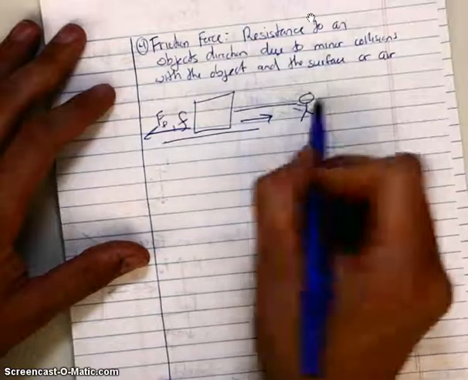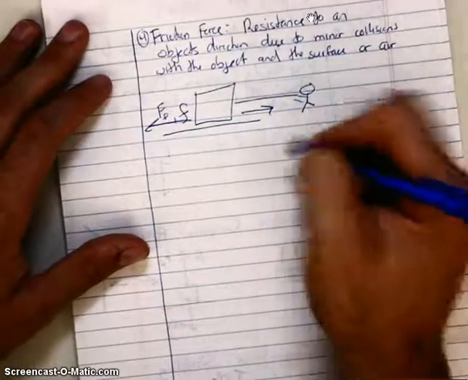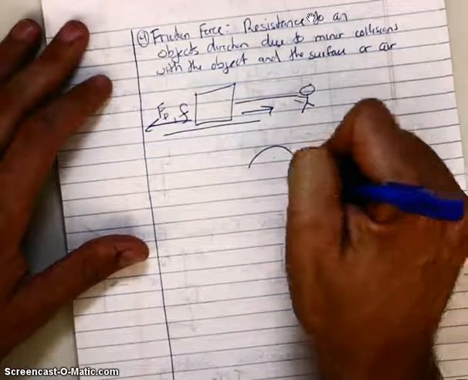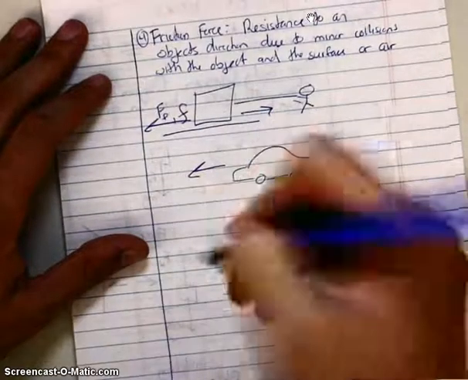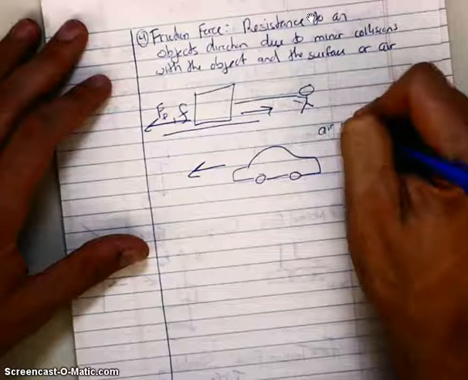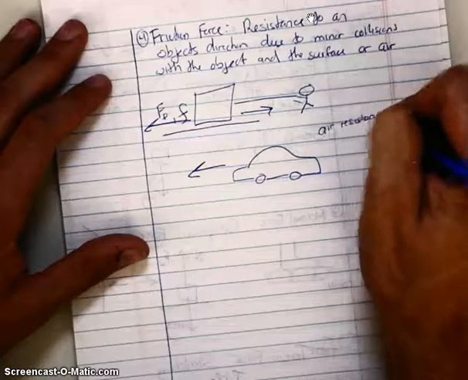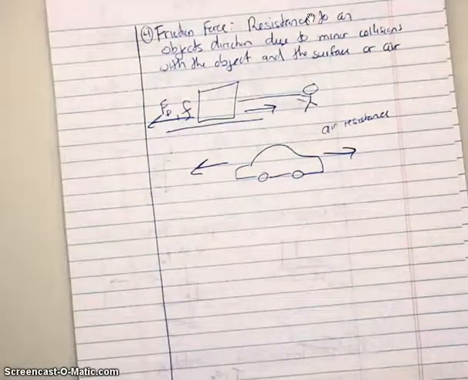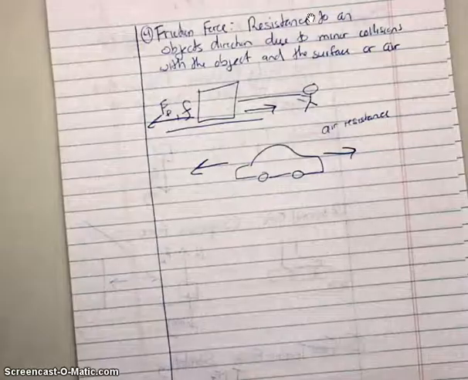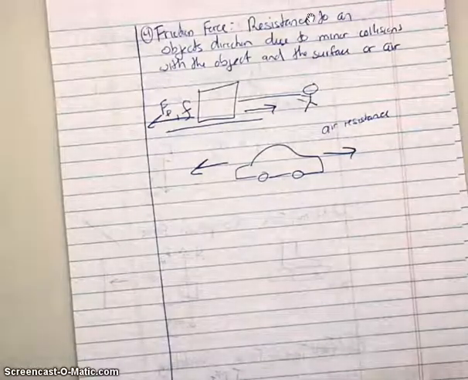If I'm pulling it this way, friction is that way. If I drive my car this way, the air resistance is a form of friction, and it's going to be in the opposite direction. Friction always acts opposite to the direction of movement. Okay, and it can be to anything.